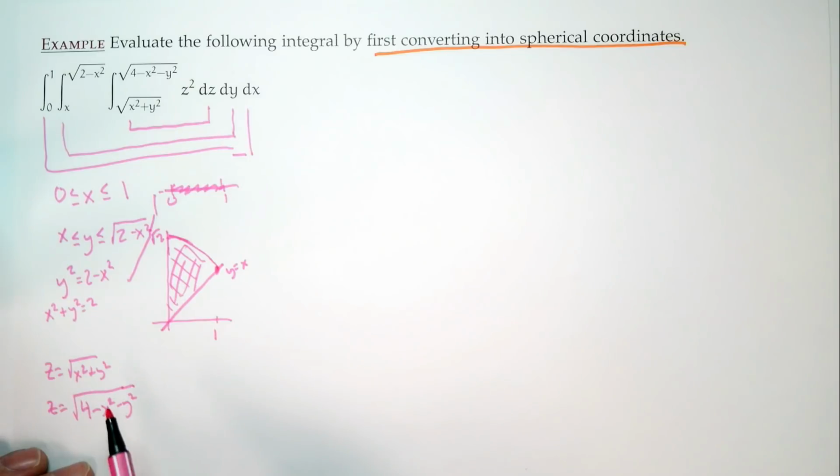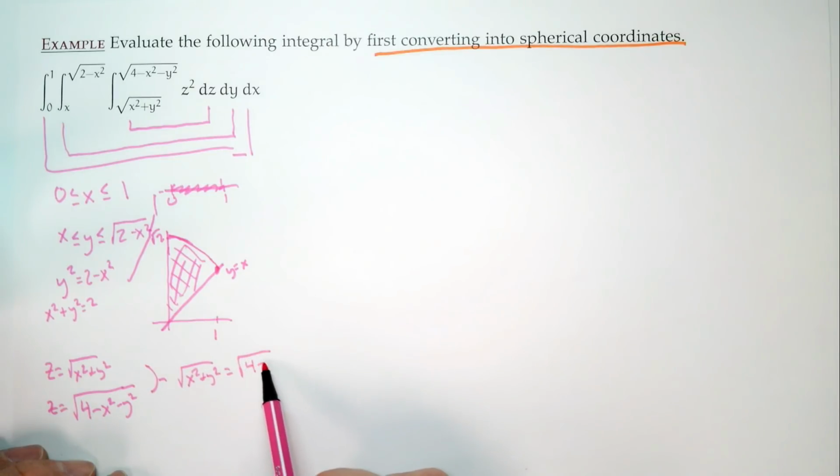Now, you may ask yourself, where do these intersect? Well, suppose you wanted to set these equal to each other and figure their intersection. You need to have the square root of x squared plus y squared equals the square root of 4 minus x squared minus y squared. Square both sides. We need x squared plus y squared to equal 4 minus x squared minus y squared.